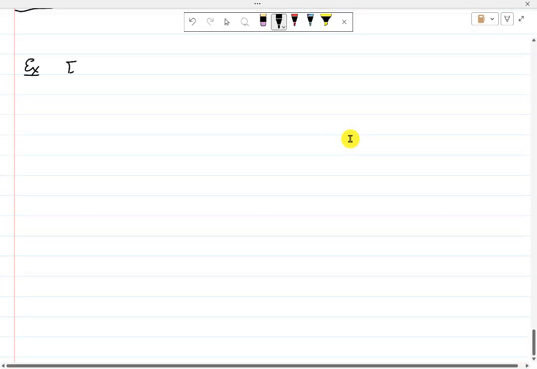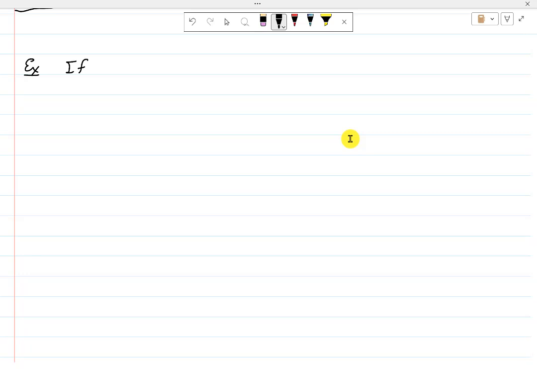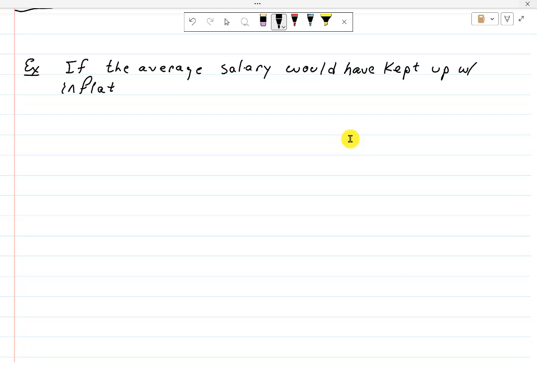Let's suppose if the average salary would have kept up with inflation, so suppose they always were to do this.